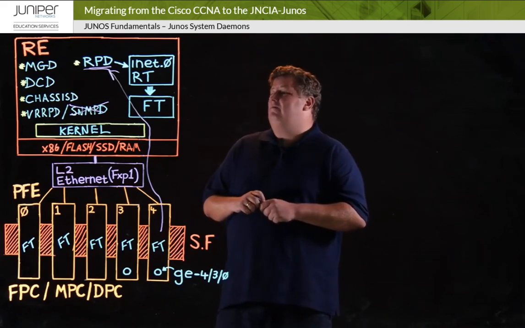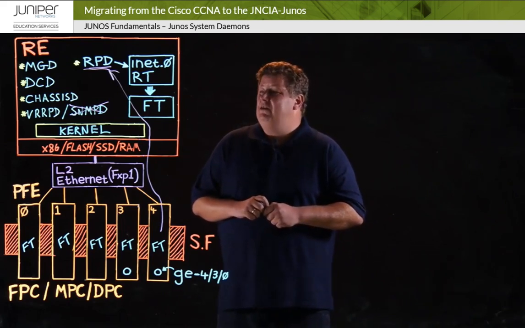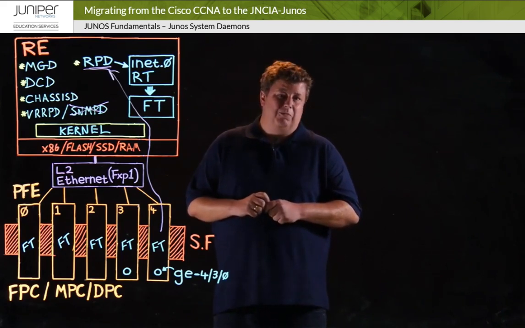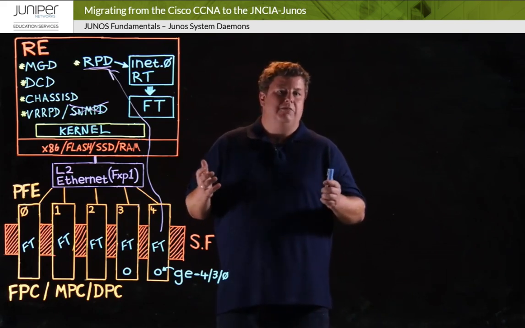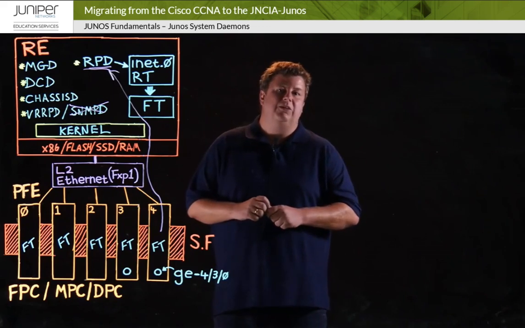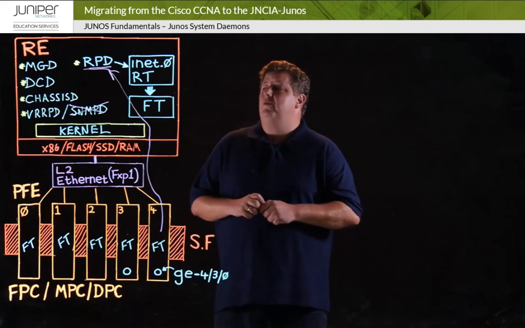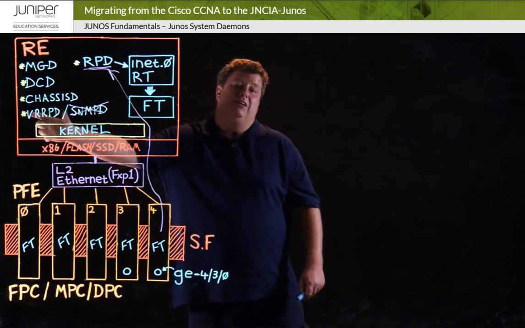But you can imagine there are lots and lots of other processes running, and some of their names are quite cryptic. Maybe KMD, what's that? It's our key management daemon. If we've got some IPsec on an SRX, for example. And some of them are very, very obvious. Enable VRRP, then VRRPD appears.